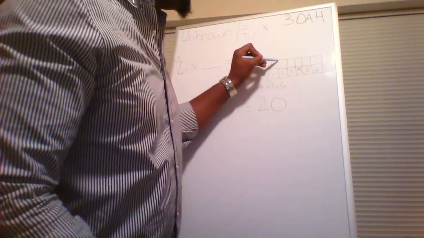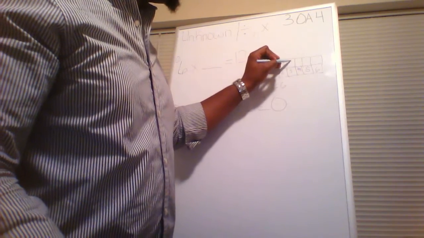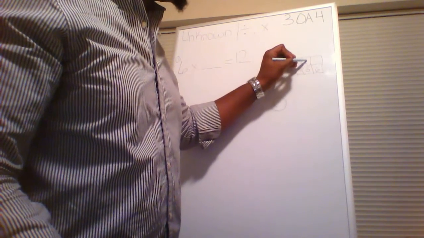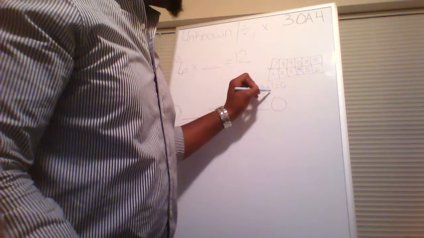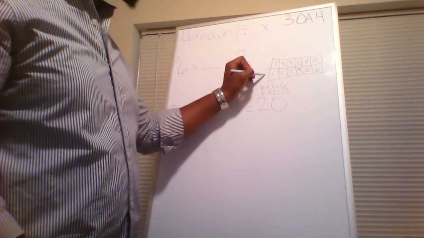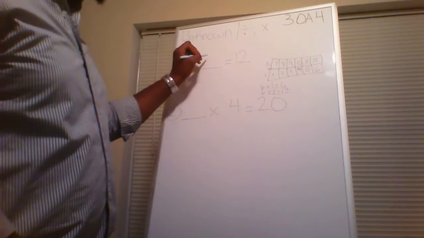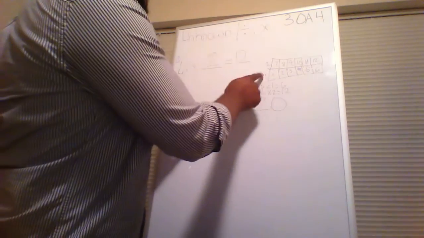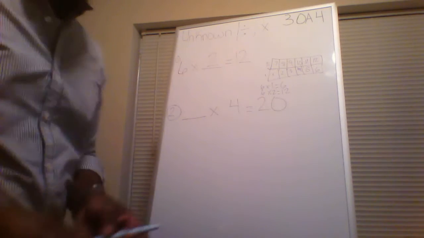I'm stacking what is known. So now that's 7, 8, 9, 10, 11, and 12. That means that 6 times 2 equals 12. 2 stacks. So the missing number is 2 because I have 2 stacks of 6. Go ahead and write that in.